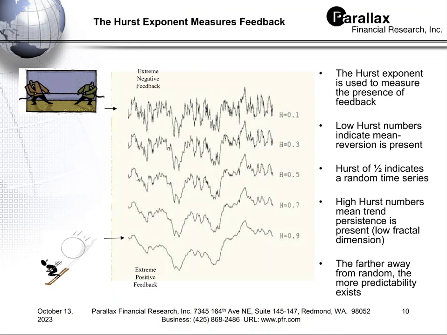Whereas in a mean reverting environment, you can make predictions, and this high Hurst number here is what we call heavily trend persistent, and you can make forecasts based on the past. And that's what we want, right? We want to be able to measure something in the past that tells us about what the future will hold. So the farther away we get from random, the more predictability exists.